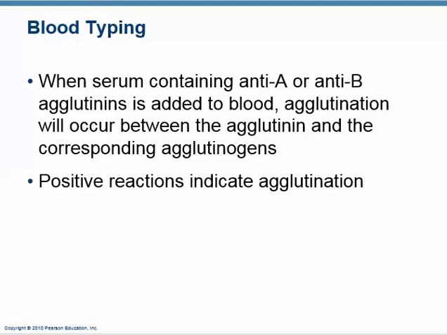And so what we do is we take drops of blood and we put anti-A, anti-B, and anti-Rh in 3 different drops of blood, and we see what happens. If with using the anti-A serum we have agglutination in the A's, that means there is an A antigen there.